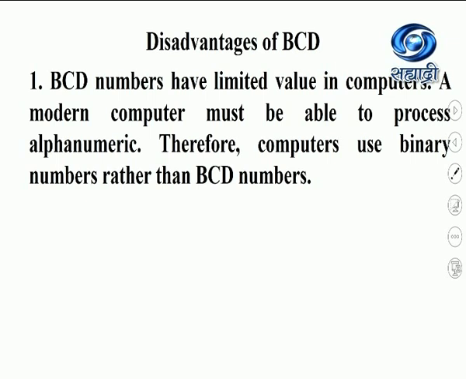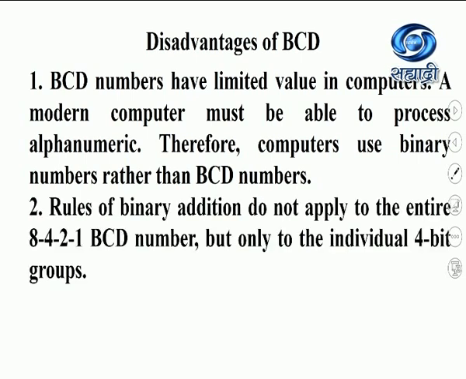A modern computer must be able to process alphanumeric data. Therefore, computers use binary numbers rather than BCD numbers. Rules of binary addition do not apply to the entire 8421 BCD number, but only to the individual 4-bit groups.